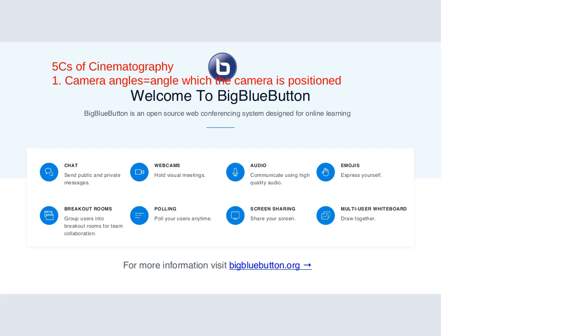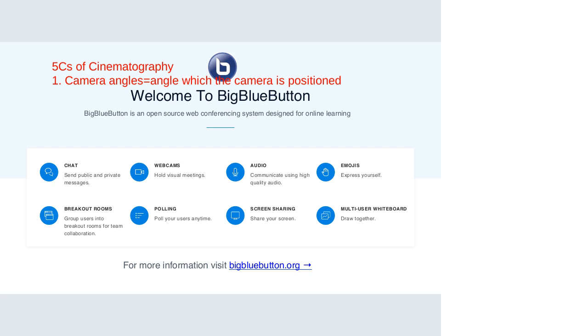There's a way you can design and compose your visuals so that they enable you to pass that particular message to the target audience that you have. And when you do so, then we talk about the five C's of cinematography.